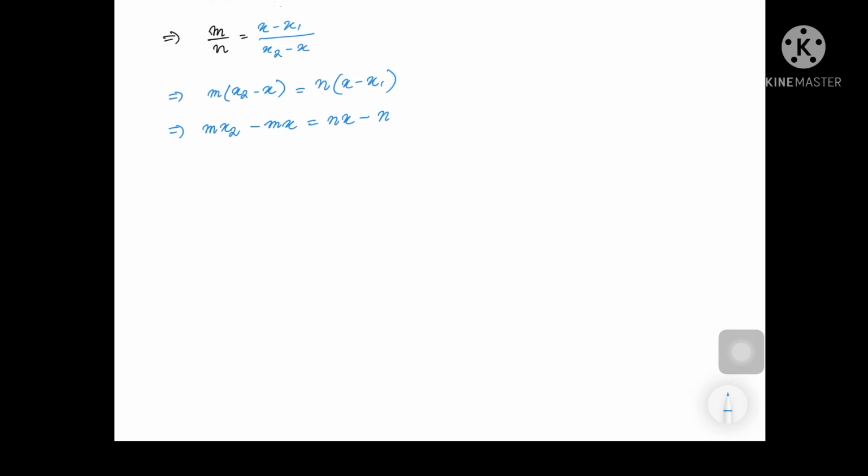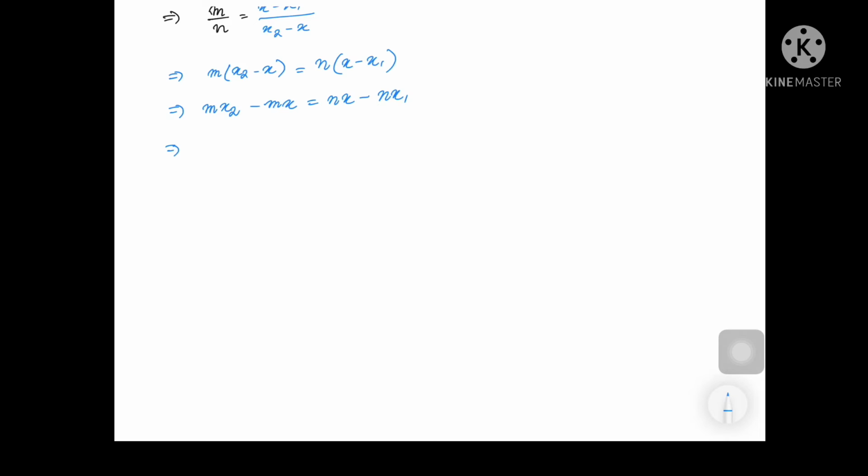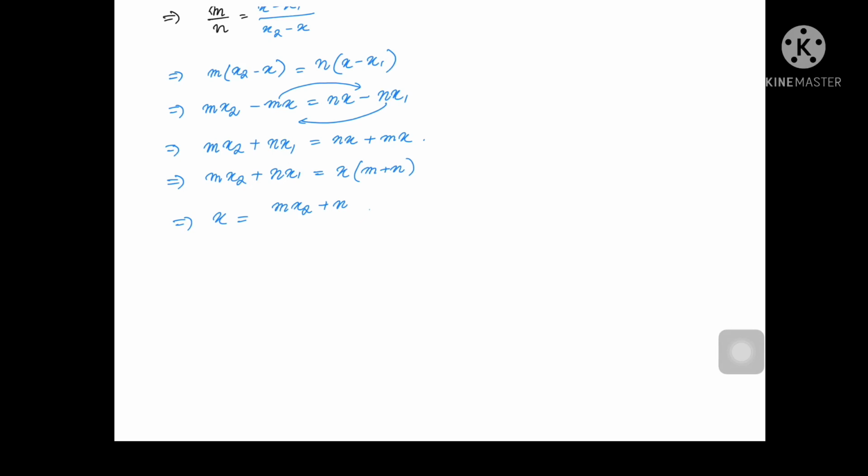When I arrange, we have mx2 plus nx1, and when I transfer mx towards the right side, we have nx plus mx. Take x as common and we have (m plus n). We don't have anything common in this one, so we will just write nx1. To find x, we divide mx2 plus nx1 by m plus n. Let's say this is equation 1.